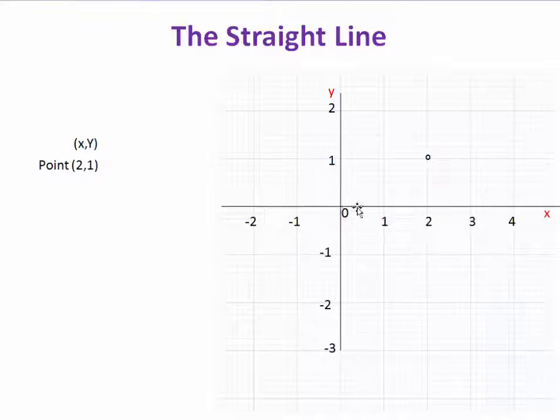So it's x, 2 along the x-axis, 2 units away from the y-axis, so that's 2. And then secondly y, so it's 1 unit away from the x-axis, or 1 unit up the y-axis, whichever way you like to think about it. So x, y, so it's 2 along the x and 1 along the y, point (2, 1).